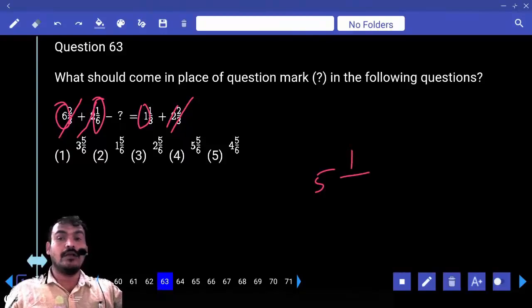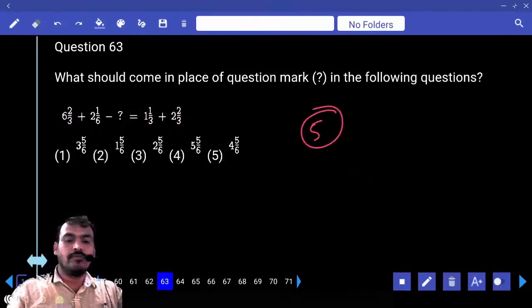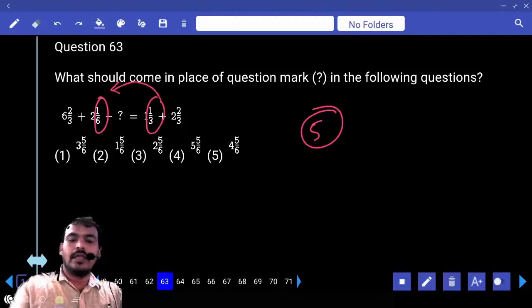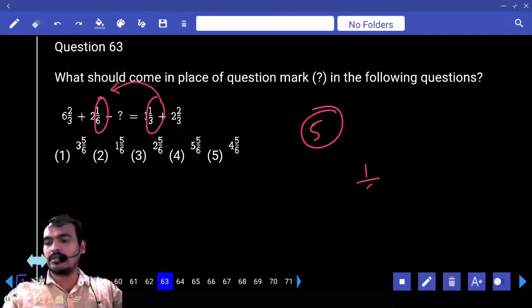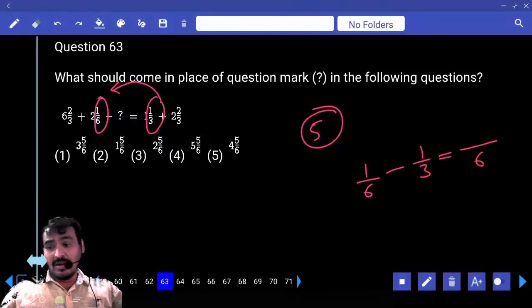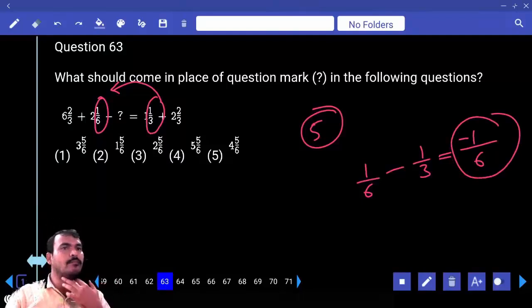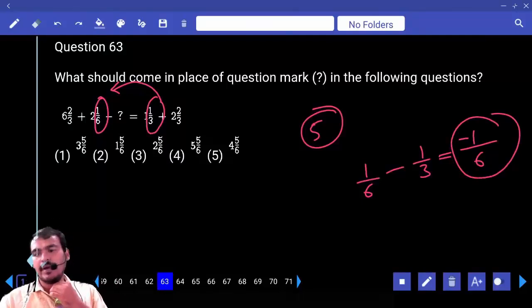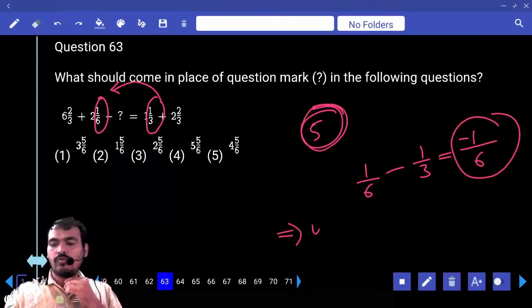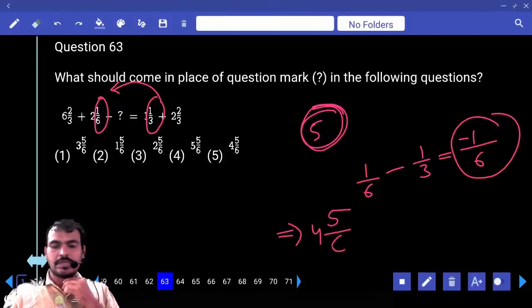Wait, what is the integer value? 5. It is plus 1 by 6 and here positive 1 by 3, it will become negative 1 by 3. Then we write 1 by 6 minus 1 by 3. What is the LCM? 6. 1 minus 2 means minus 1 by 6. Already integer value 5. Then the answer is 4, 5 by 6.